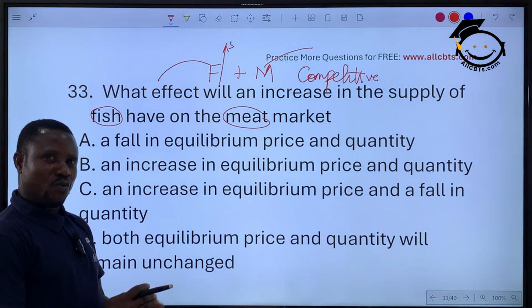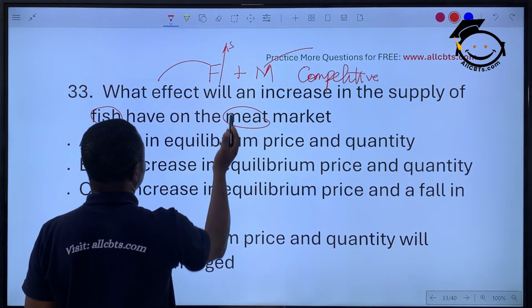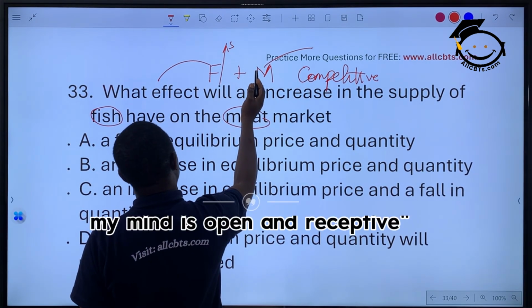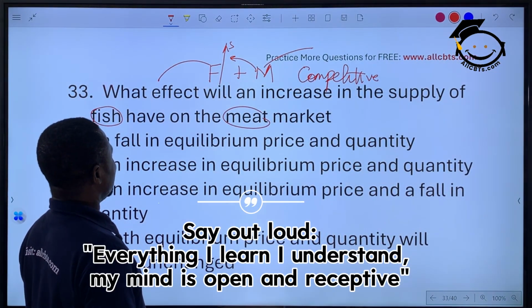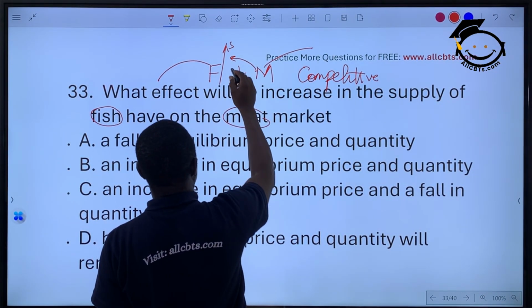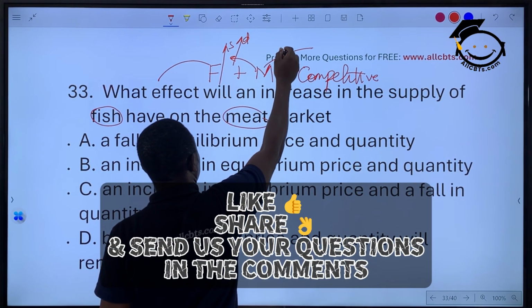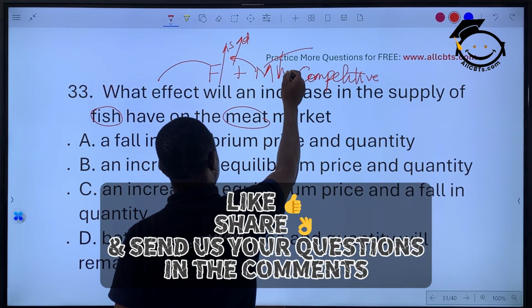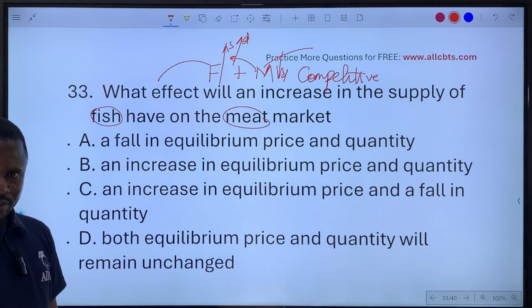And when that happens, what do you think the consumer will do? Many consumers will shift from meat to what? To fish. Thereby making the demand for fish rise while the demand for meat falls. Are you with me? Very well.